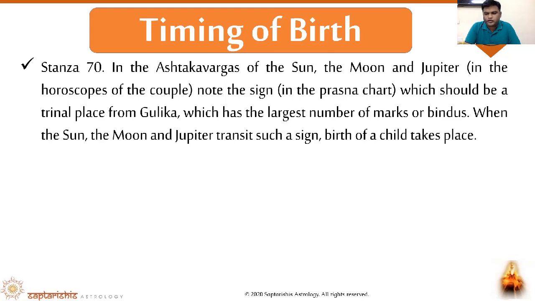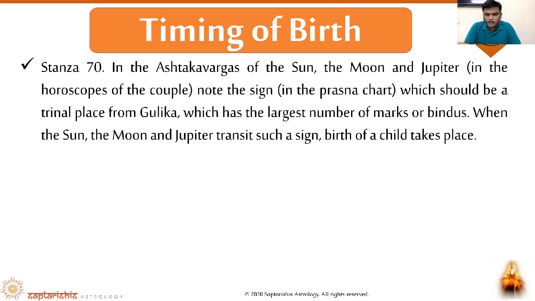Let's say you are seeing the horoscope of the husband. Go and check the birth chart of the husband, see Jupiter's Ashtak Varga, Guru Ashtak Varga, and check which sign in the Ashtak Varga is having maximum points, maximum bindus. Note down that sign.